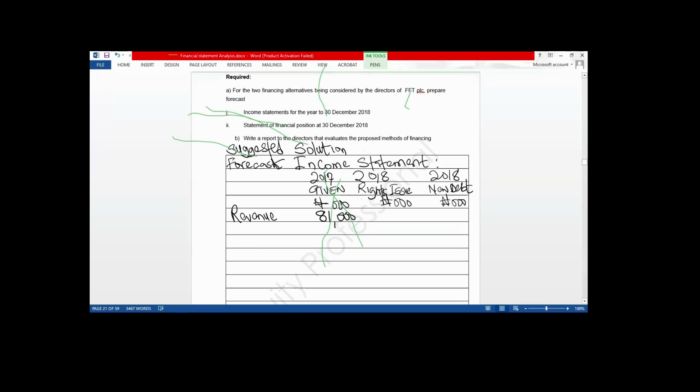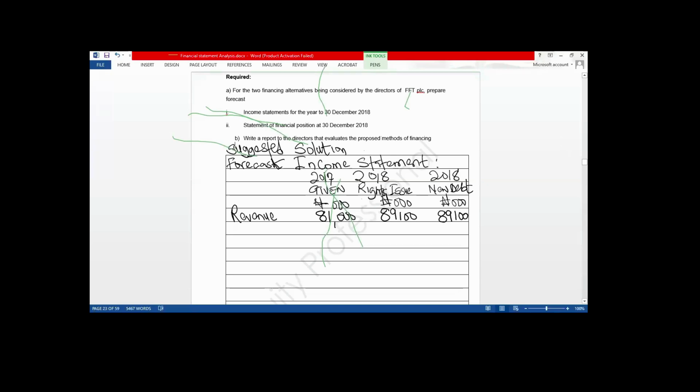Please increase this by 10% to get 2018. That is 89,100. Whether we finance the expansion by rights issue or by debt, revenue will increase by 10%. So the revenue will be 89,100. That has been treated.